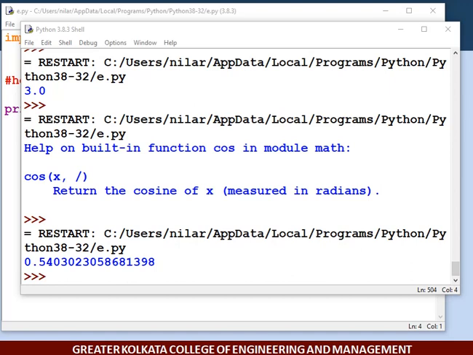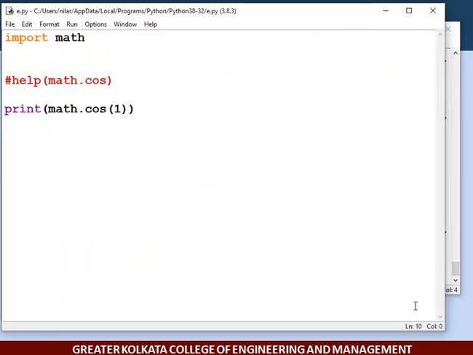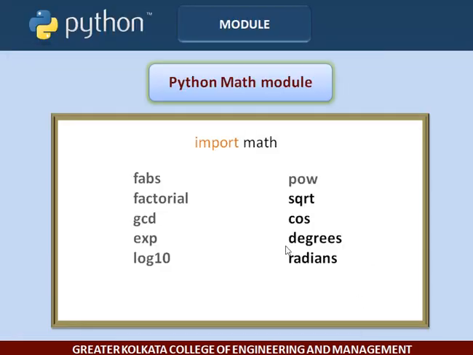Next, to know about the degrees function. Okay. What is the use of the degrees function? We'll start the degrees function right now.